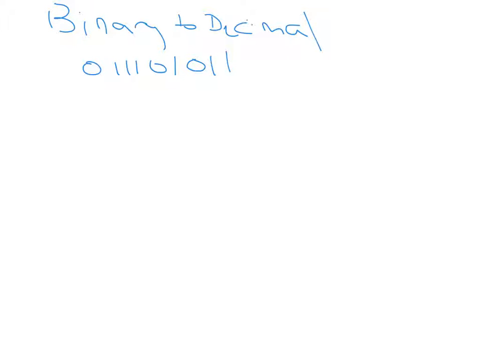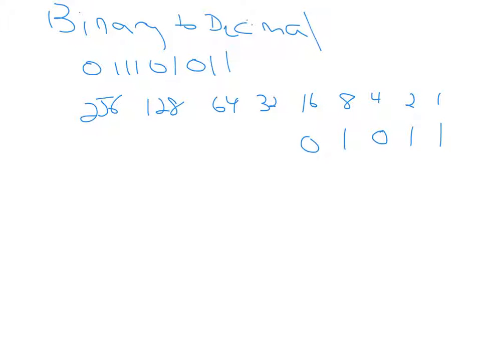I'm going to write out my binary places, 1, 2, 4, 8, 16, 32, 64, 128, 256. So I have a 1 in the 1, a 1 in the 2, a 0 in the 4, a 1 in the 8, a 0 in the 16, a 1 in the 32, a 1 in the 64, a 1 in the 128, and I don't have any 256s.